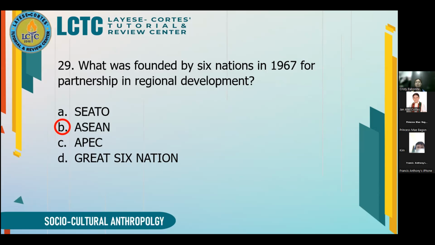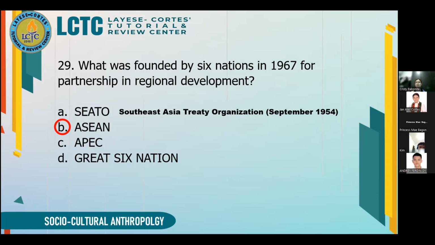So what does SEATO mean? That is Southeast Asia Treaty Organization, and it was founded in 1954. So that's why I said be particular with the year. ASEAN is the Association of Southeast Asian Nations. Earlier I asked how many members ASEAN has, and you correctly said it's 11.